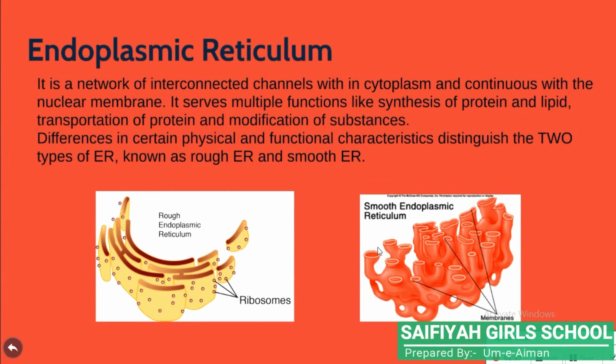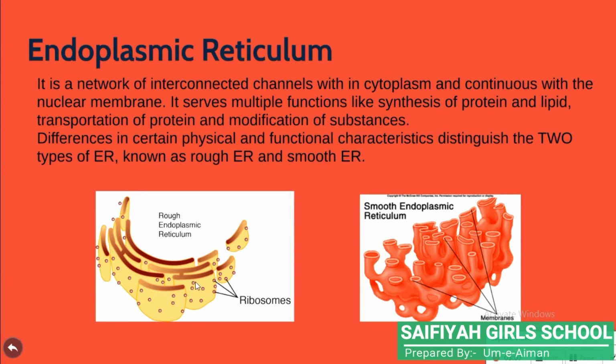Endoplasmic reticulum. It is a network of interconnected channels within cytoplasm and continuous with the nuclear membrane. It serves multiple functions like synthesis of protein and lipids, transportation of protein, and modification of substances. On the basis of the presence and absence of ribosomes, endoplasmic reticulum is of two types: rough endoplasmic reticulum and smooth endoplasmic reticulum.